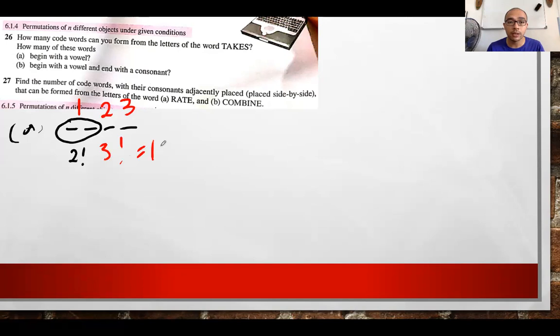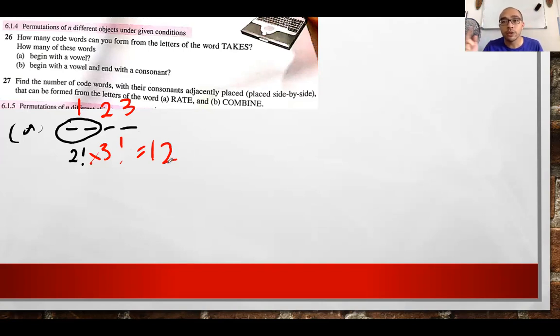So my answer will be 12: 2 factorial times 3 factorial. 2 factorial because there are 2 consonants and we have to permutate them inside this one group. But because the consonants are together, I can group them as 1. And then the other 2 letters, the vowels, are these ones. So there are 3 groups altogether and I want to permutate all 3. So this will be 3 factorial. So 2 factorial times 3 factorial will be 12.